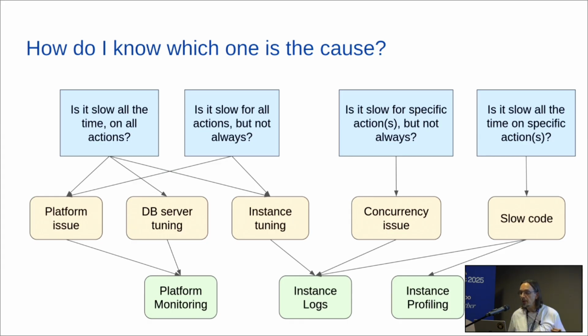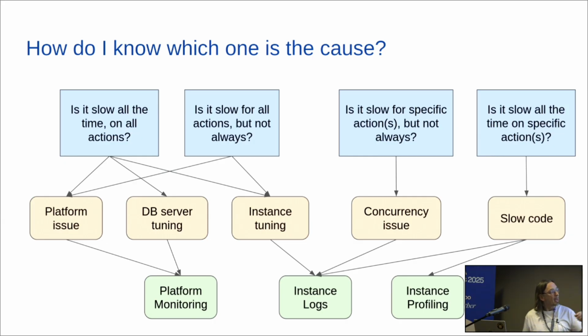And finally, it's slow all the time on specific actions, and that's the core of this talk. This means that you have slow code, or slow, inefficient SQL queries in your modules.